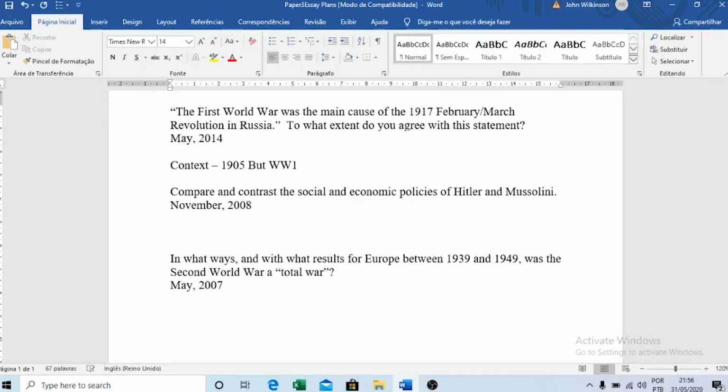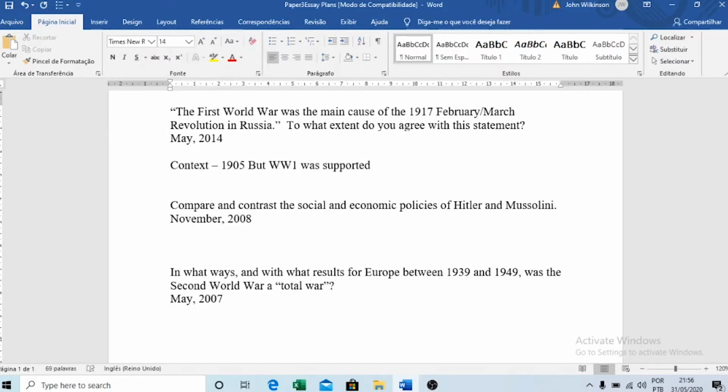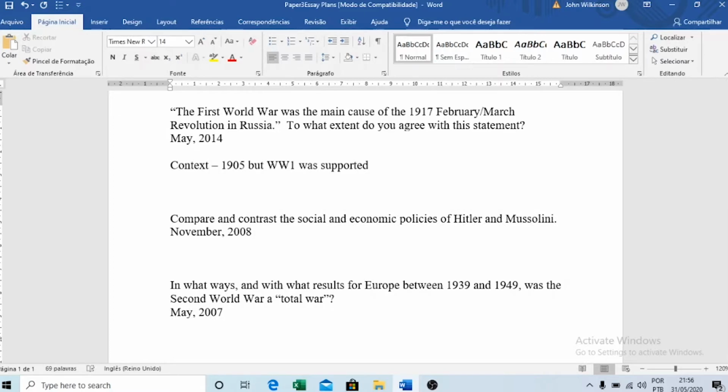But World War One was supported. Not going to say it was popular, but the Russian people did get behind their Tsar and their country, put their troubles behind them, and they supported the war. So we have, I think, a context that will get me some marks. I'm not just wasting my time getting the essay started.